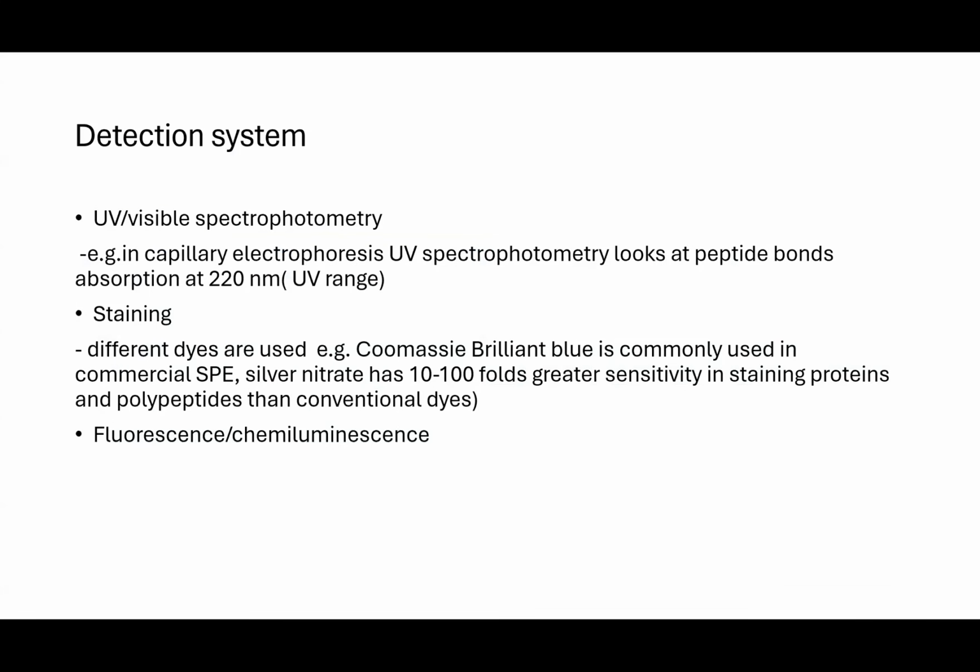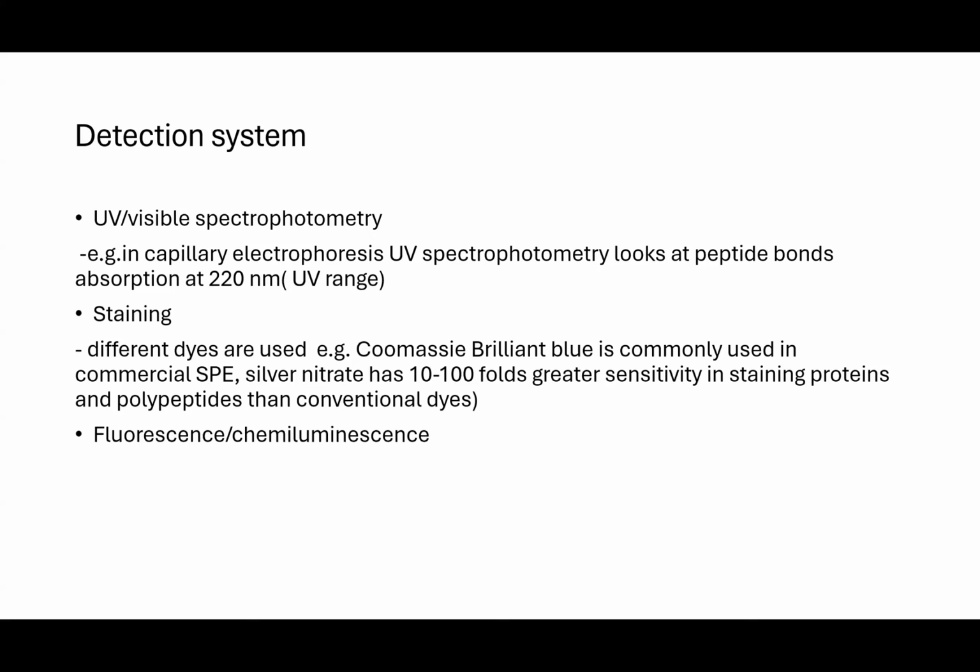Right, so the other component in electrophoresis is obviously the detection system. There are several ways to detect the results after you run the electrophoresis. You can use UV or visible spectrophotometry. An example of this is capillary electrophoresis, where we use UV spectrophotometry and look at peptide bond absorption at 220 nanometers, which is in the UV range.